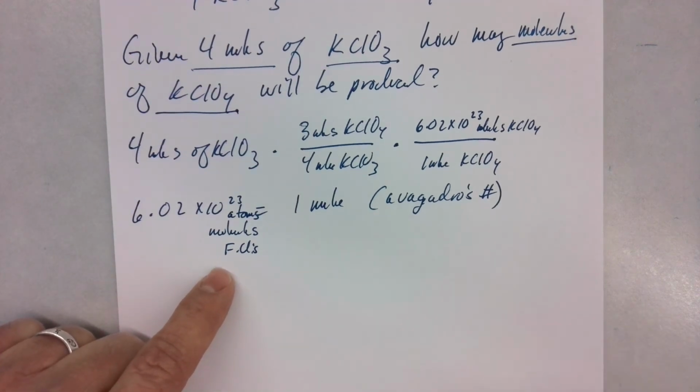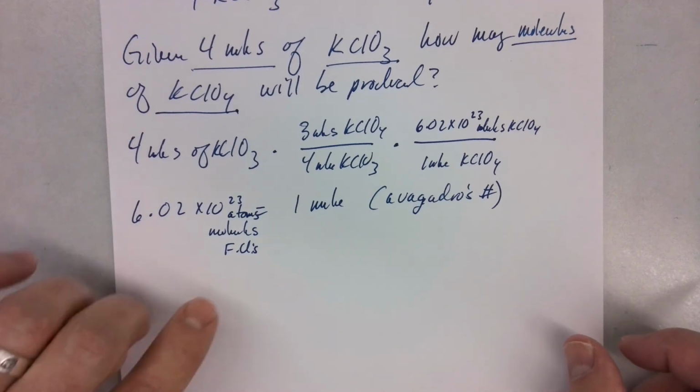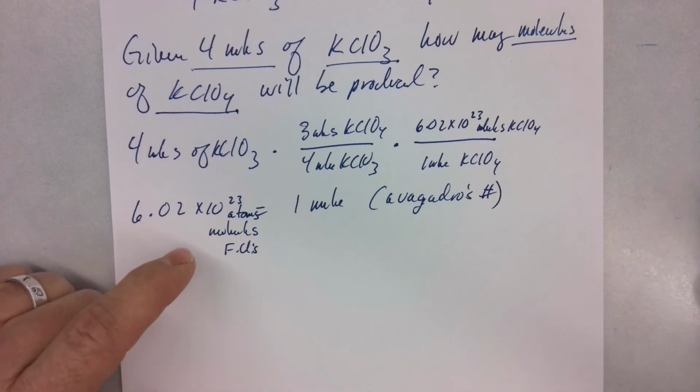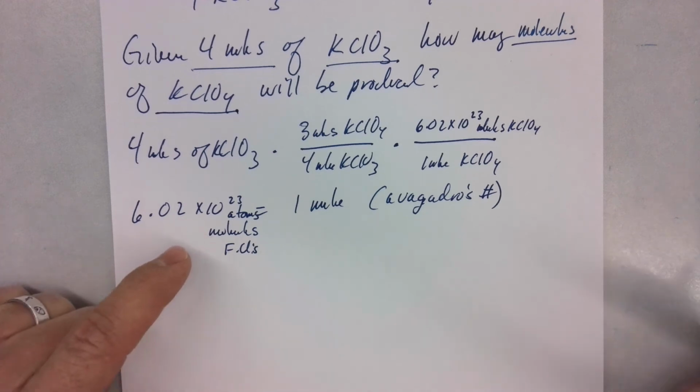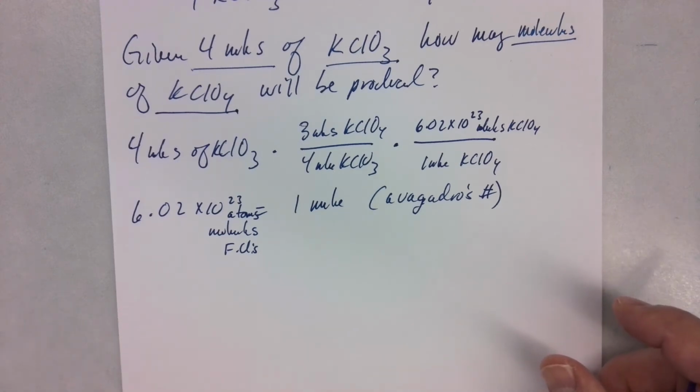Ionic compounds are considered formula units. So if whatever I'm talking about exists as an atom, like gold, I would use the term atoms. If it is sugar, I would use molecules because sugar exists as a molecule. If I was talking about salt, I would use formula units because salt exists as a formula unit.